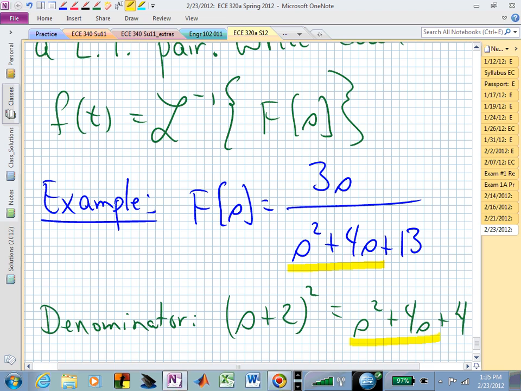And all I need to do is say, well, what do I need to add to this s plus 2 squared to make it look like the constant term is 13 instead of 4?